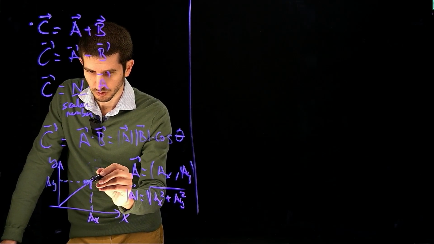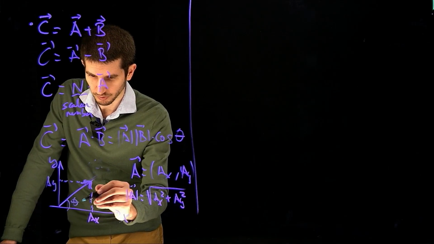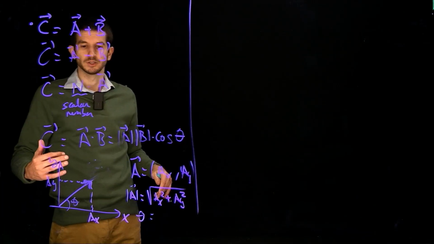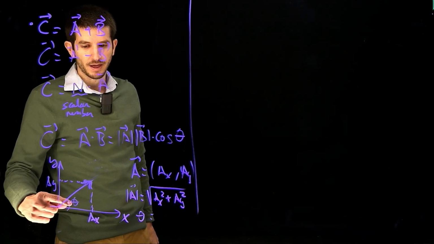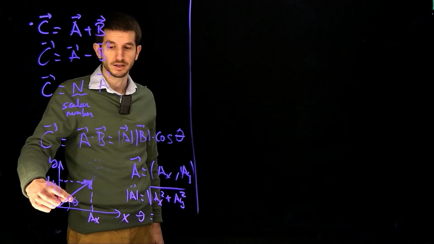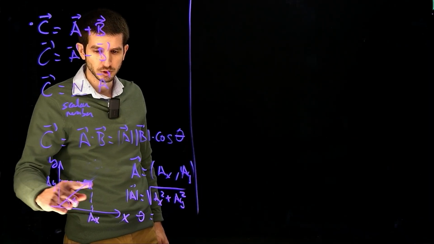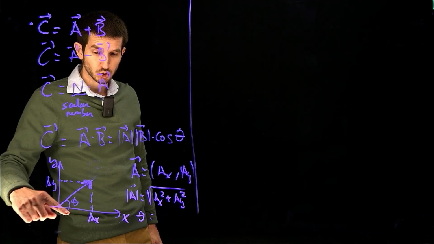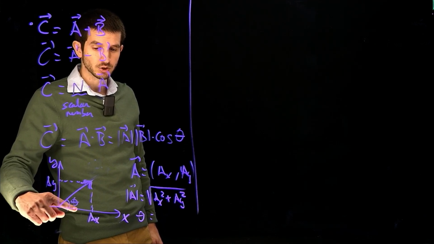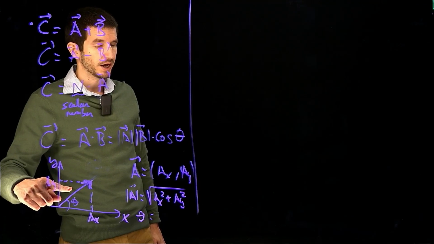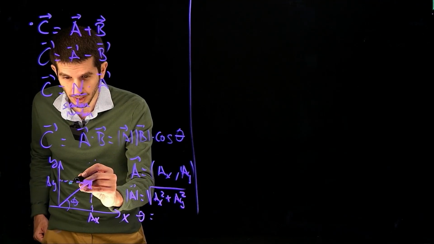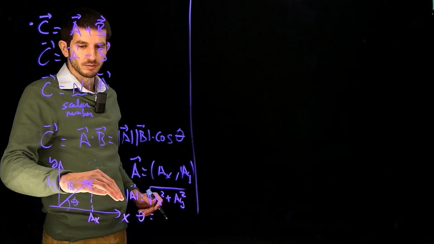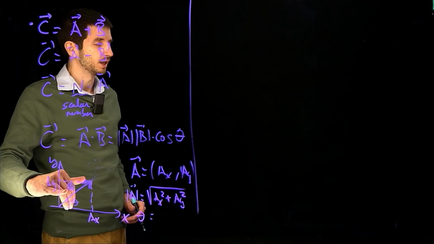Then I also find an angle, and of course the angle according to SOHCAHTOA, so if we use the sine, sine of theta is going to be opposite divided by hypotenuse. The hypotenuse actually is the magnitude of the vector, and so it would be A sub y divided by the modulus of A.